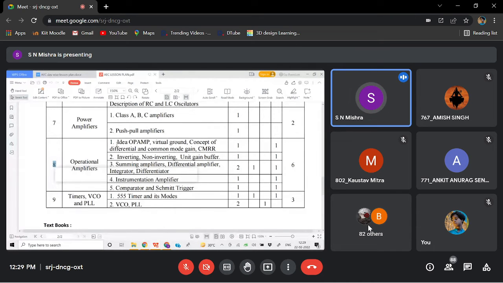Operational amplifier means, like, we use it for calculation: if you give some numbers and manipulate them by adding or subtracting, or take the log of a value, or take any sine, cosine, or exponential function, and differentiate and integrate it, we get some value, and mathematics becomes easy.